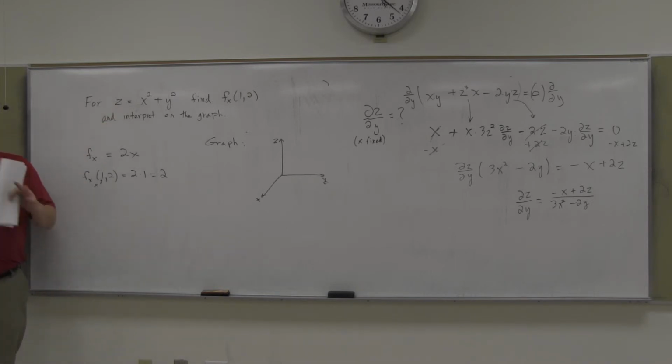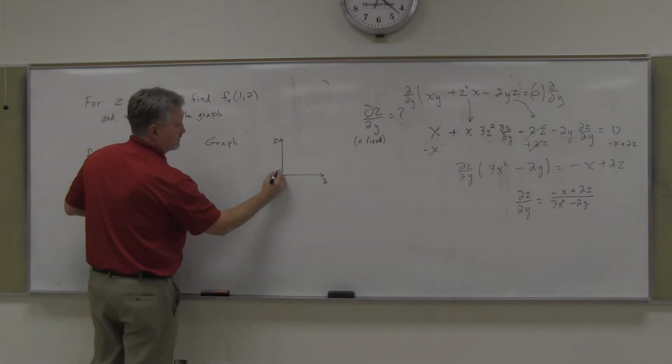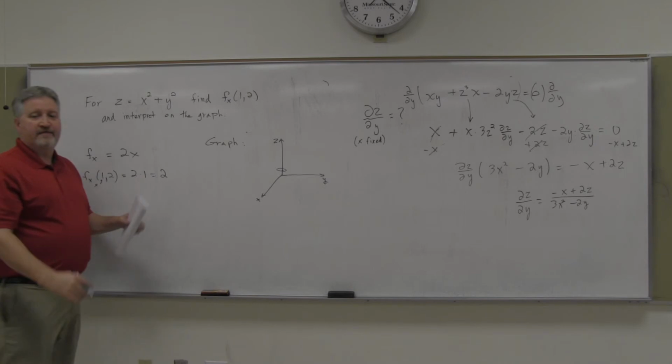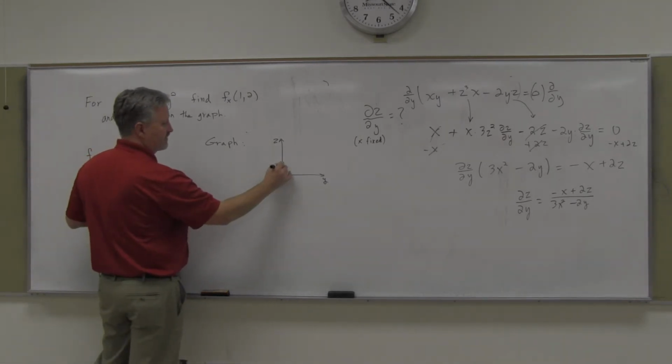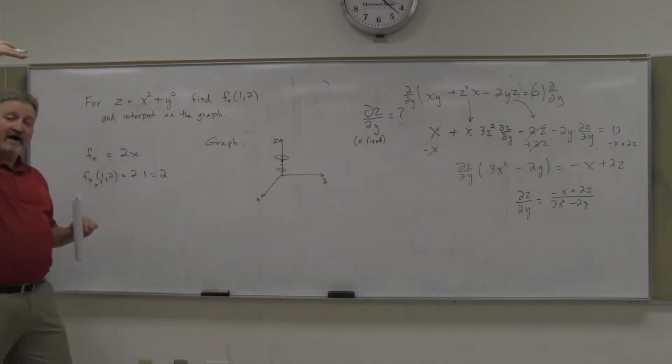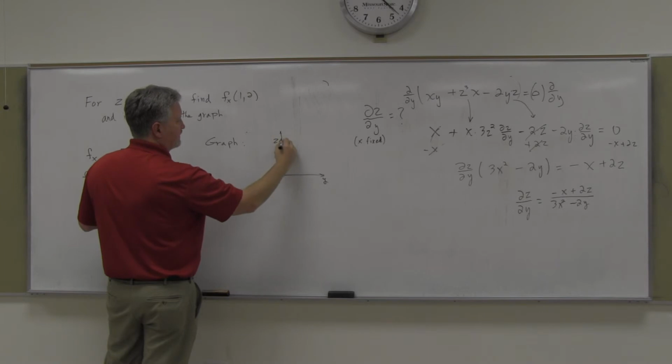So as far as the level curve is concerned, at z equals 1, at the height of 1, you've got a circle centered at (0, 0), circle radius 1. And then at z equals 4, the level curve would be a circle radius 2. And then at 9, it's out to a circle radius 3. Remember doing this one?